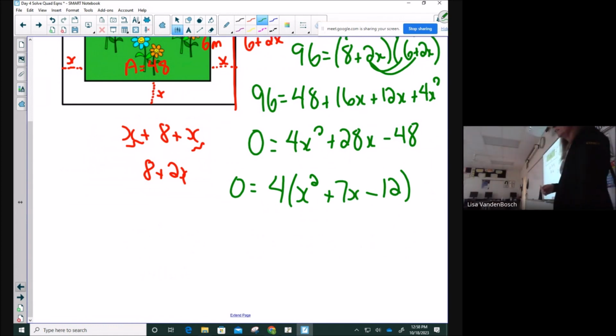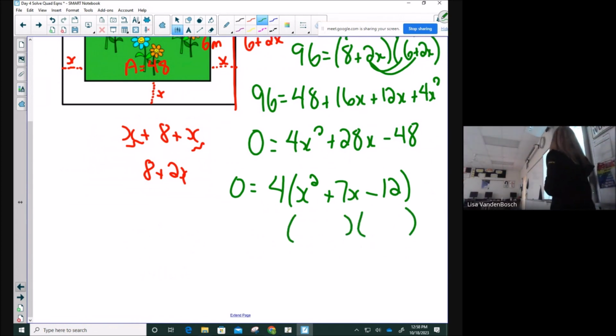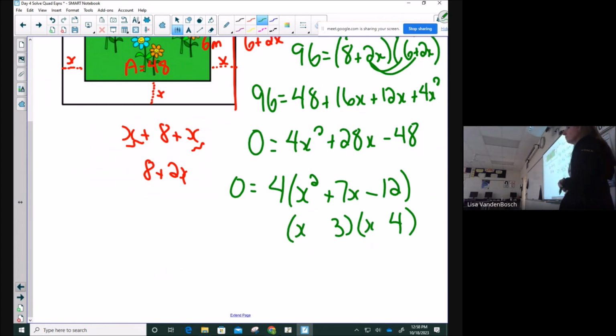Yep. Well, you did. Okay, great. Tell me what you get. 3 and 4. Okay. And what are my signs? When they multiply to a negative, I have one of each. Negative 3, positive 4, because negative 3 plus 4 gives me 7.